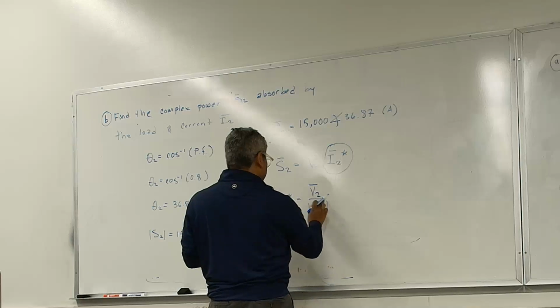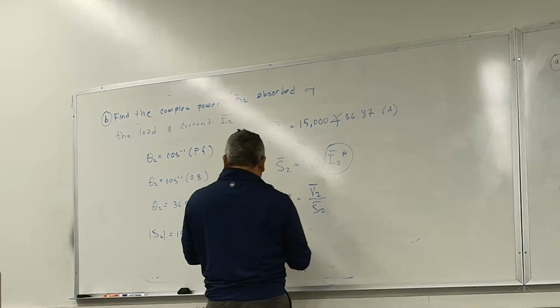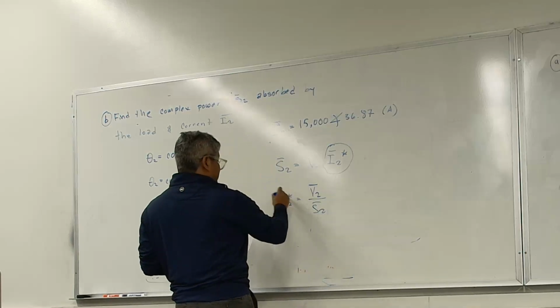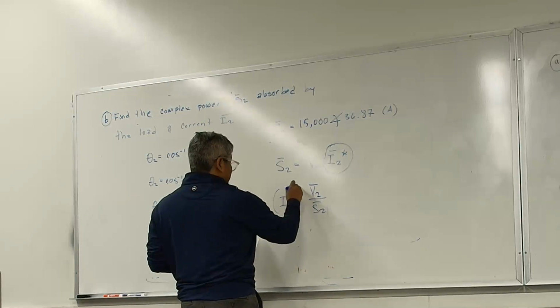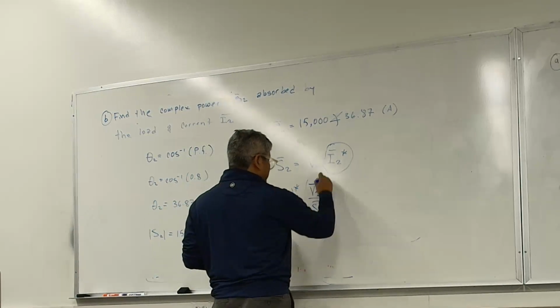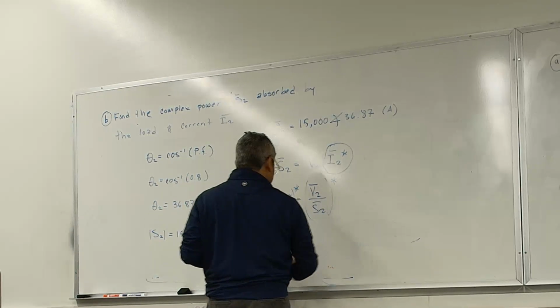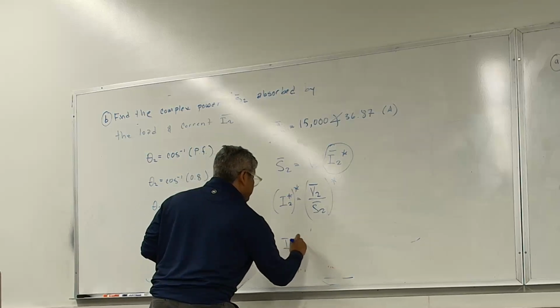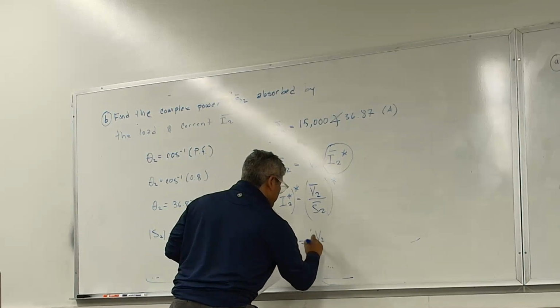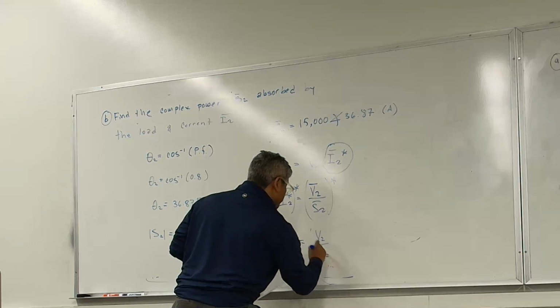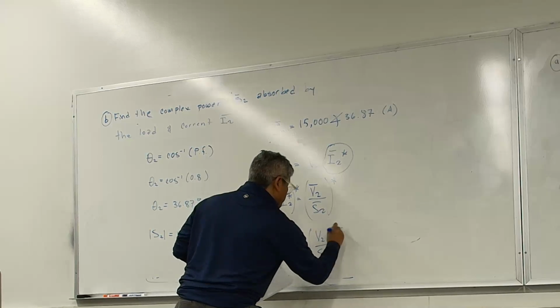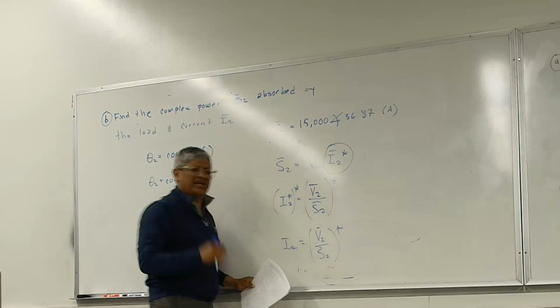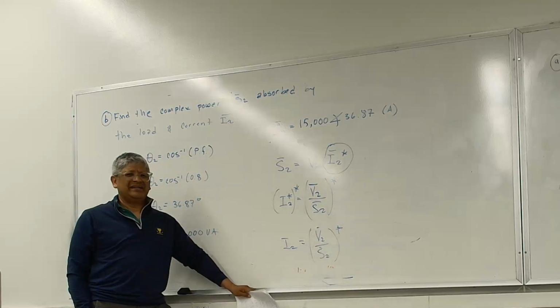S2, I'm sorry, not magnitude, S2. Okay, so I want to get rid of this conjugate, so I do a conjugate right here, that gets rid of it, but then this has now a conjugate.